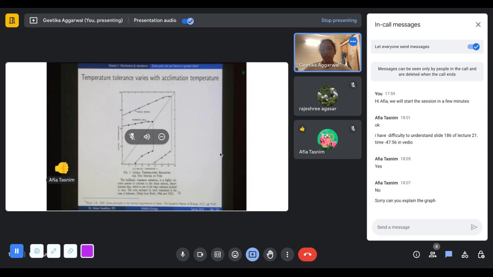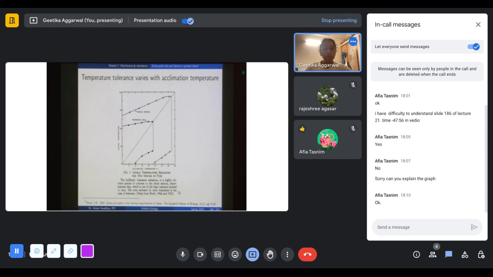Like the x-axis? Okay. Okay. So, yeah. So should we move on to today's tutorial? Or does anybody have any more doubts? We can talk about them.